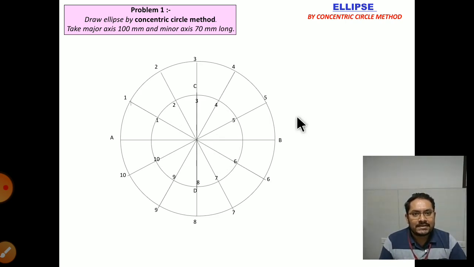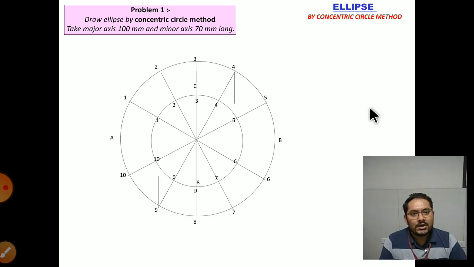Now, next step, what are we going to do? We are going to draw a vertical line that will be parallel to the minor axis, and will continue for all the points 1, 2, 4, 5, 6, 7, 8, 9. Okay.